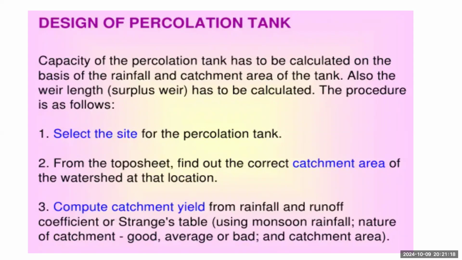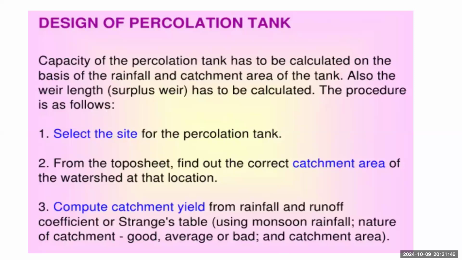And from the topo sheet, what is a topo sheet? You have studied the topo sheet in second year surveying. A topo sheet is a map of the area which gives details of all ground features in the area. These ground features may be natural or not.